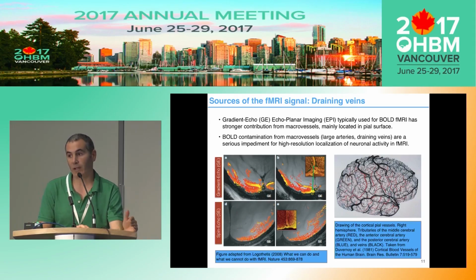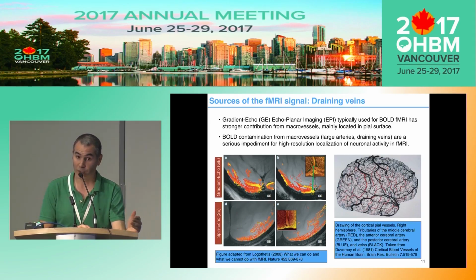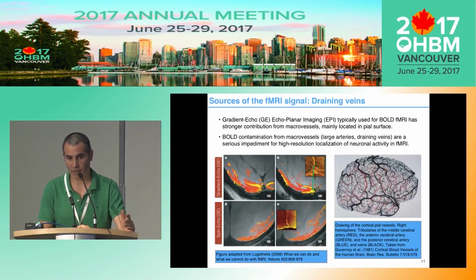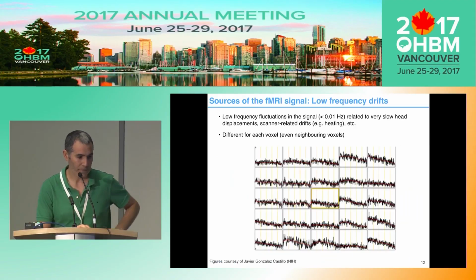In order to overcome this effect, you could use spin echo images, but then the sensitivity to the BOLD effect, especially at magnetic fields lower than 7 tesla, is substantially reduced.